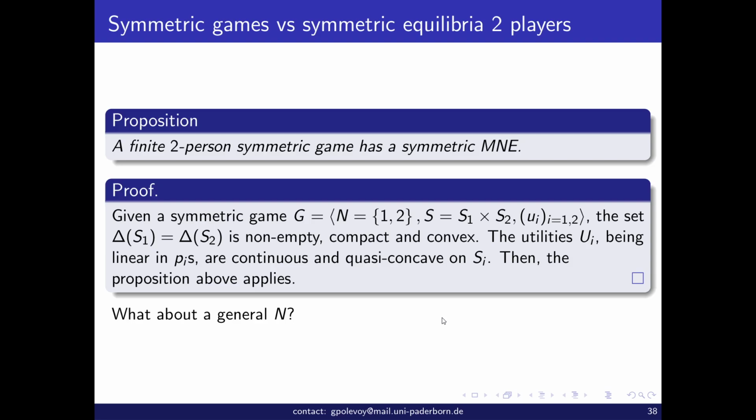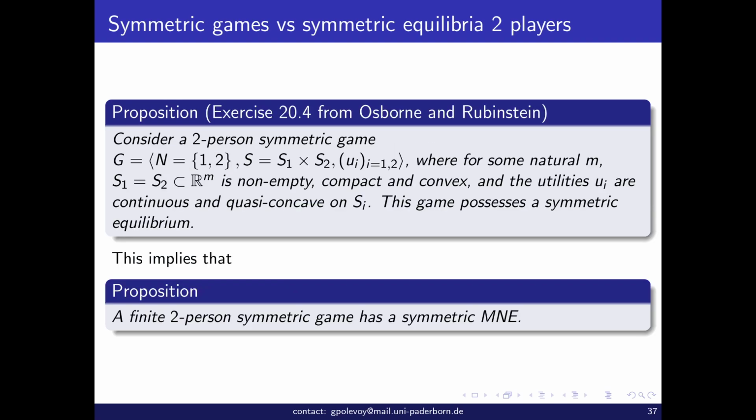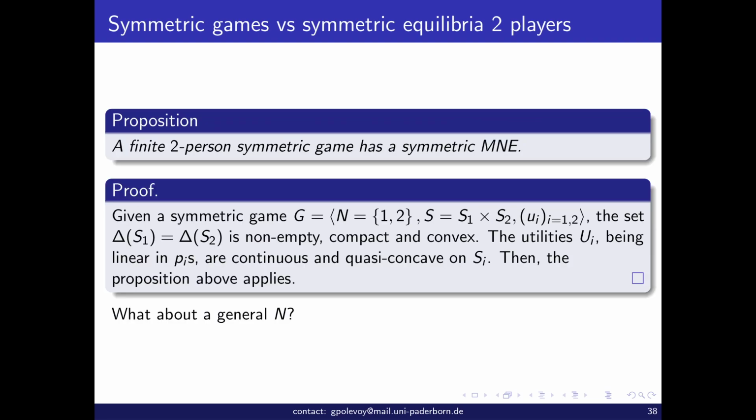We did it for the proof of the existence theorem of a Nash equilibrium in the mixed extension of a finite game. Similarly, we can prove that the utilities are quasi-concave. Then the proposition above applies, and I remind you, it says that the game possesses a symmetric equilibrium.